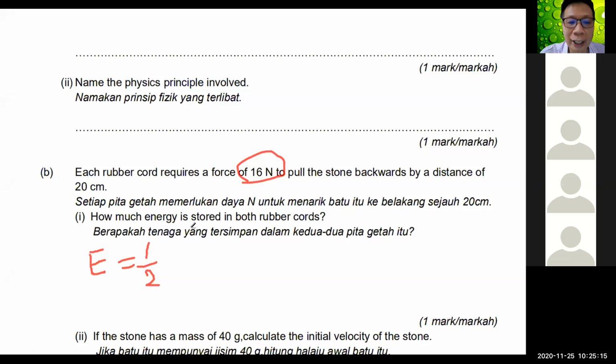Yes, we use the formula half Fx. Another formula is half kx squared, but k cannot be used here because no k is given, no spring constant. Only force and extension are given. So we use this formula.